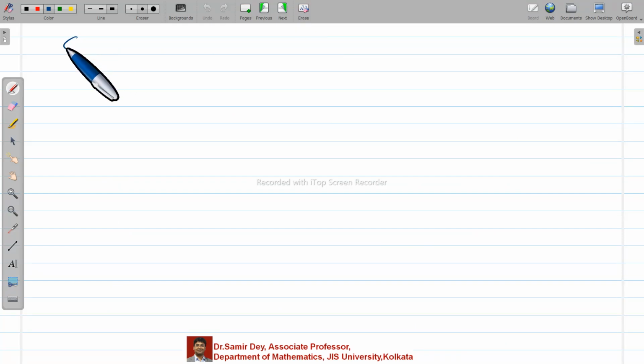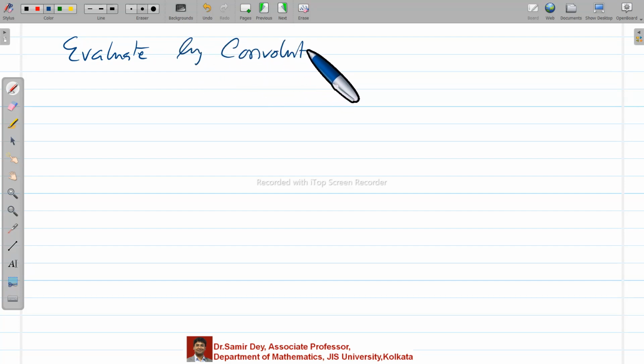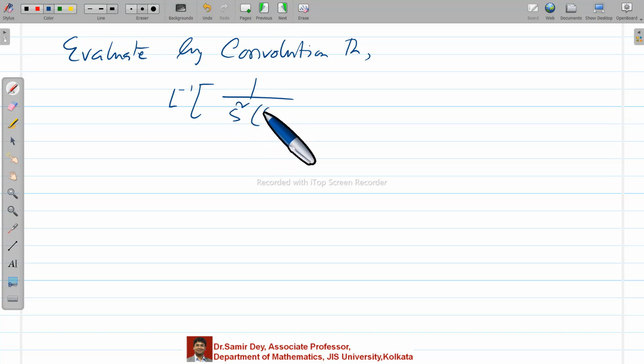So evaluate by convolution theorem, L inverse of 1 by s square into s minus 4. Okay, so this is your homework for today.